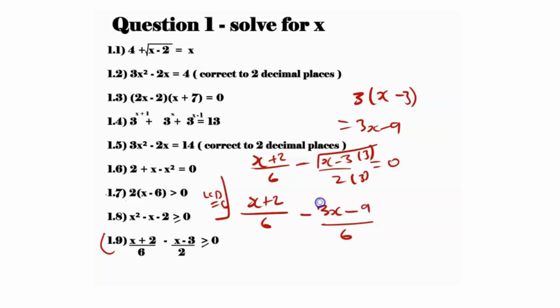So now it's going to affect our answer here, so that it will change both signs. So it's x plus 2 over 6 minus 3x plus 9, all divided by 6.